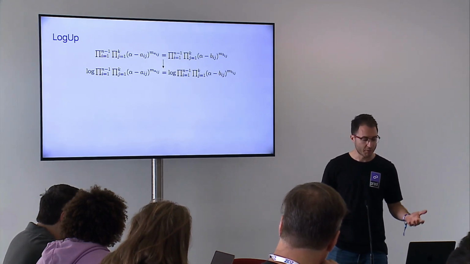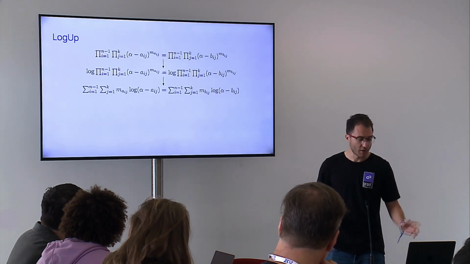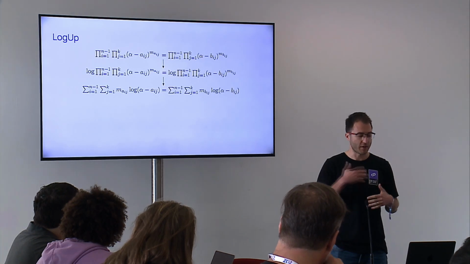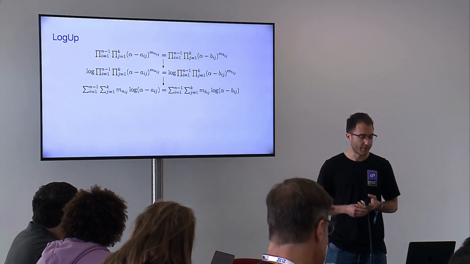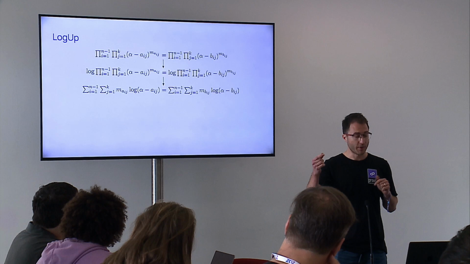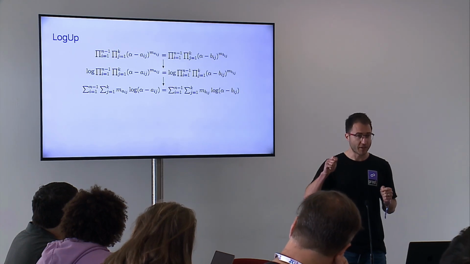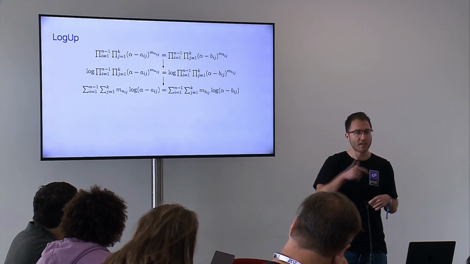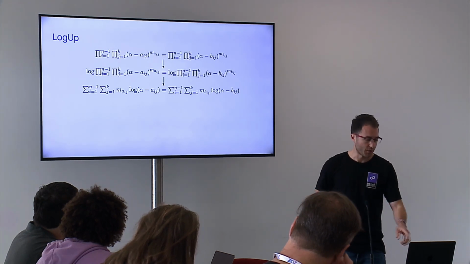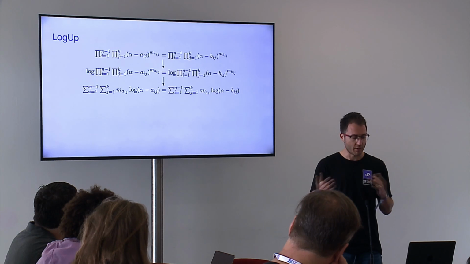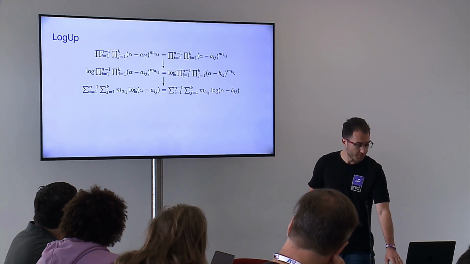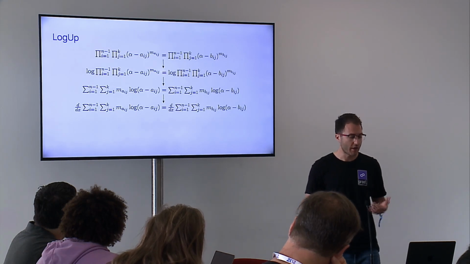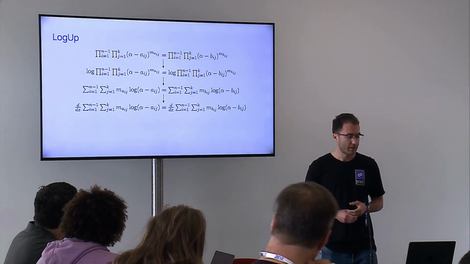We apply the log rule where multiplications in the inputs are transformed into addition, and we apply the log rule that x to the y becomes y times log of x, which is how we got rid of our exponent. So here our MA and our MB are now multiplying the log. And then the final step is to differentiate both sides.